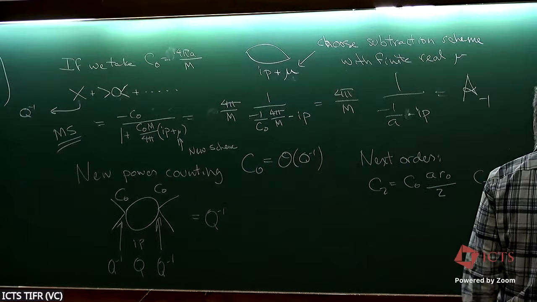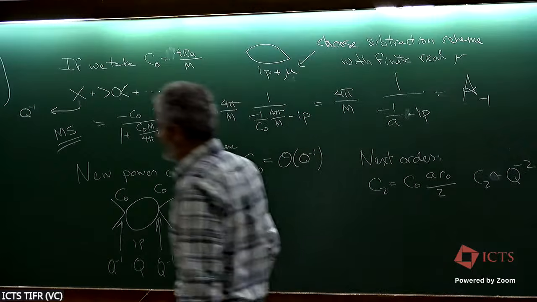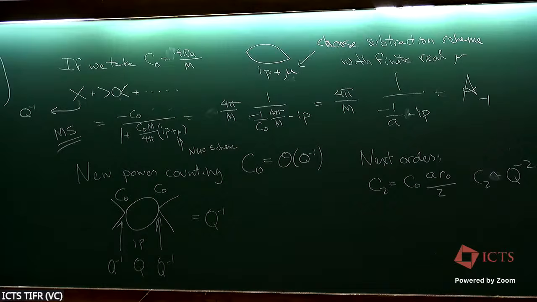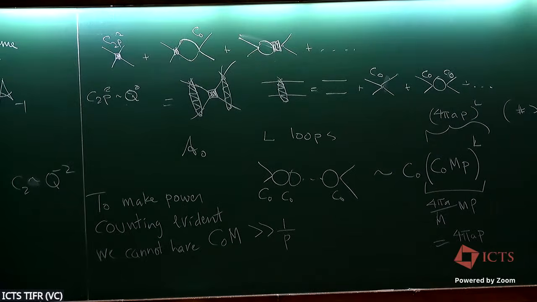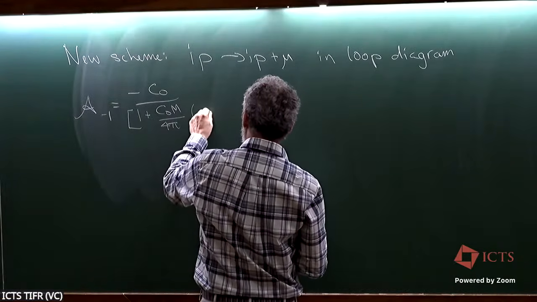So in the new scheme, over here, now what we have is that A minus 1 is equal to minus C naught over 1 plus C naught M over 4 pi times mu plus IP.